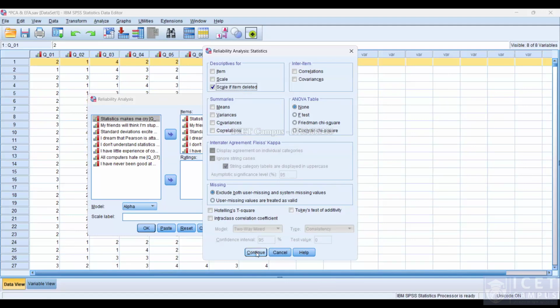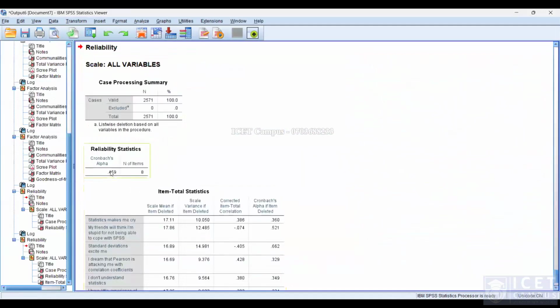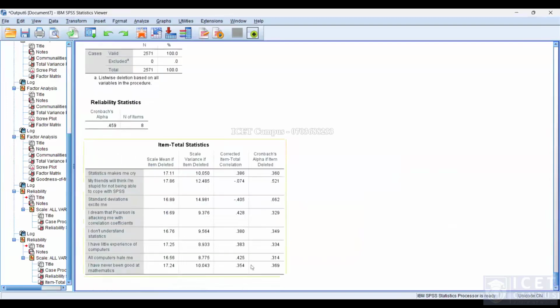Then we'll see what happens with that. It's given 0.491, and we have to increase it to more than 0.7. Here you can see the Cronbach alpha value.